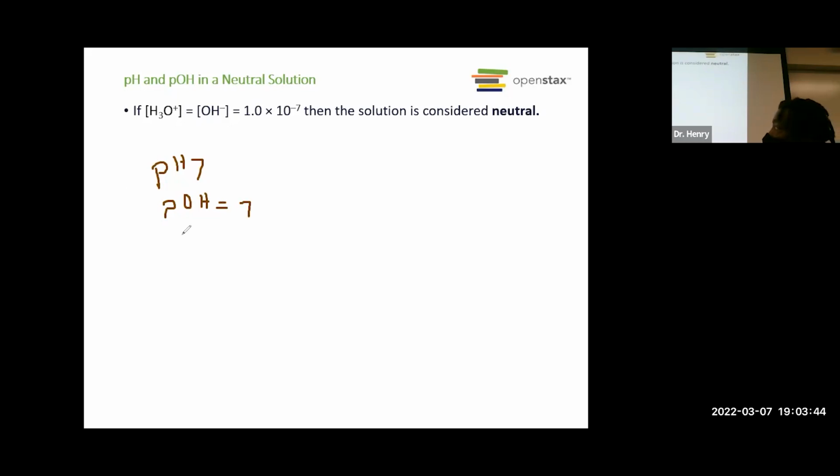So if the pH is greater than 7, what does that mean? It's a base, that's right.